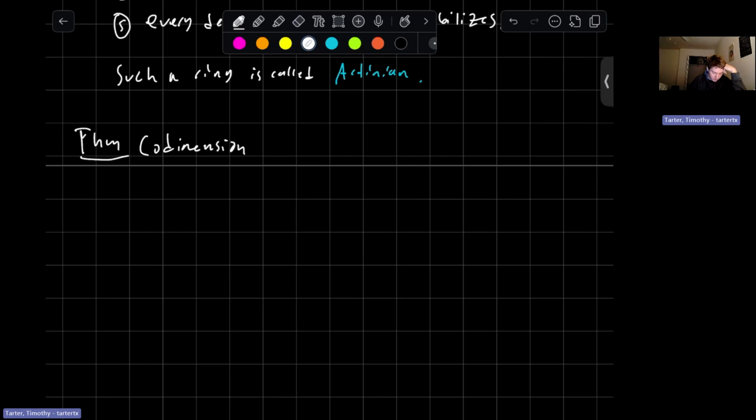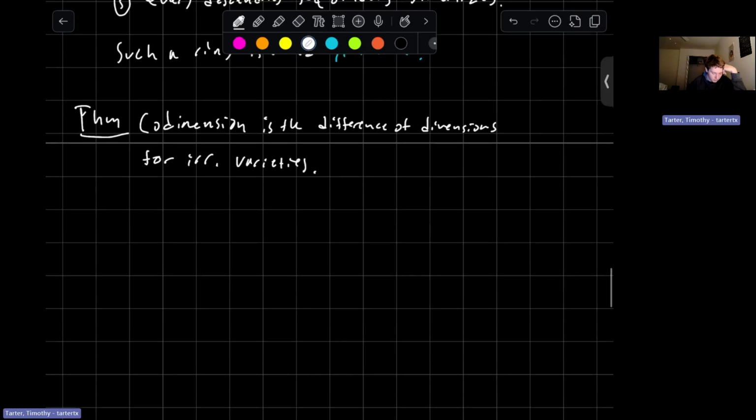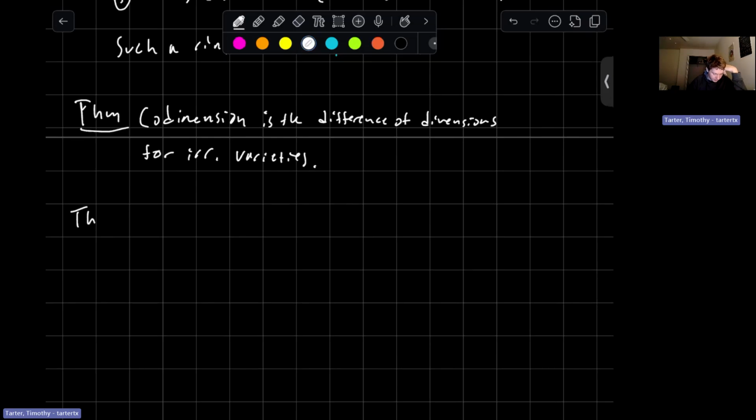Codimension is the difference of dimensions for irreducible varieties. And so this is kind of like the big theorem of 12.2, but really the theorem that we're going to spend time on is this.